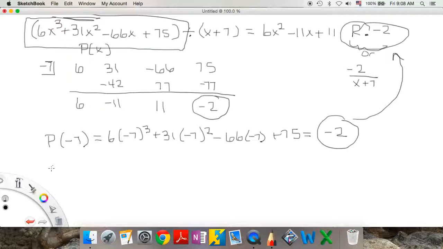This actually happens every time. This is called the remainder theorem.